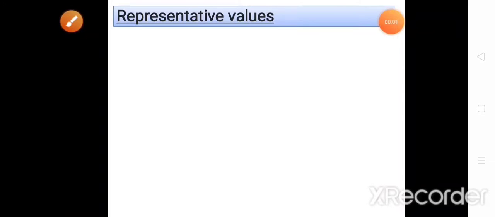We have representative values, and to understand this, let's take an example of a situation from our real life. Suppose there is a girl named Rita, and you are assigned a task of gathering information regarding the time she spends on her studies on a daily basis.